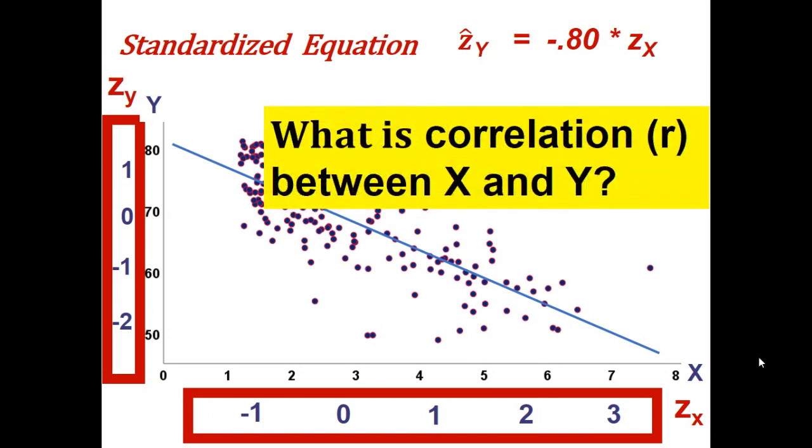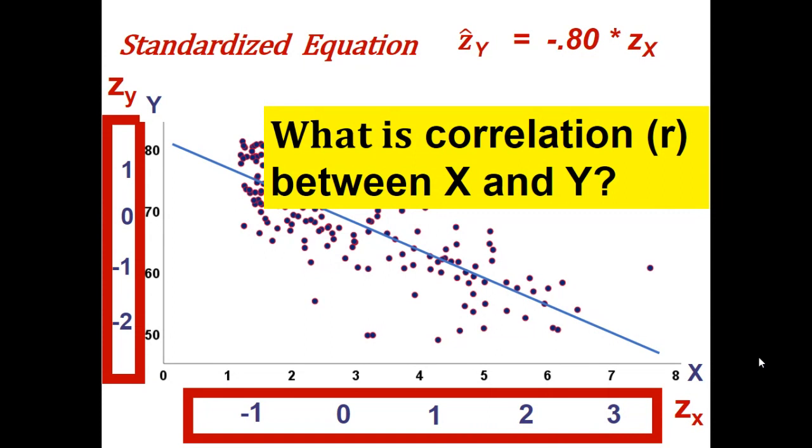Now here's the second question. What is the correlation between x and y? Put another way, what is the correlation between fertility and life expectancy in this scatter plot? Okay, well, that was a mean question.